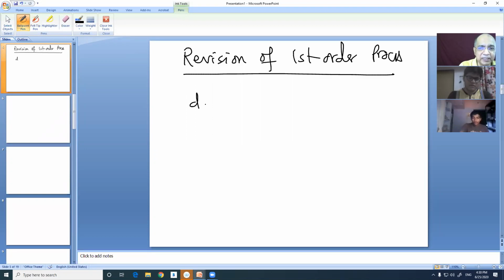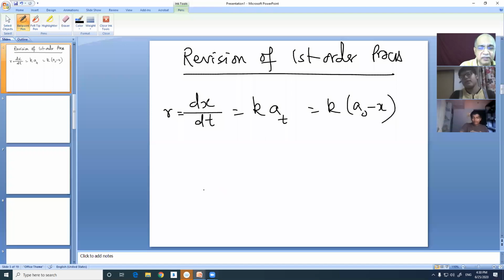Now the rate. The moment I say rate, it means dx by dt, which is variable every time, and is equal to k at, or k (a0 minus x). So this is the symptom.